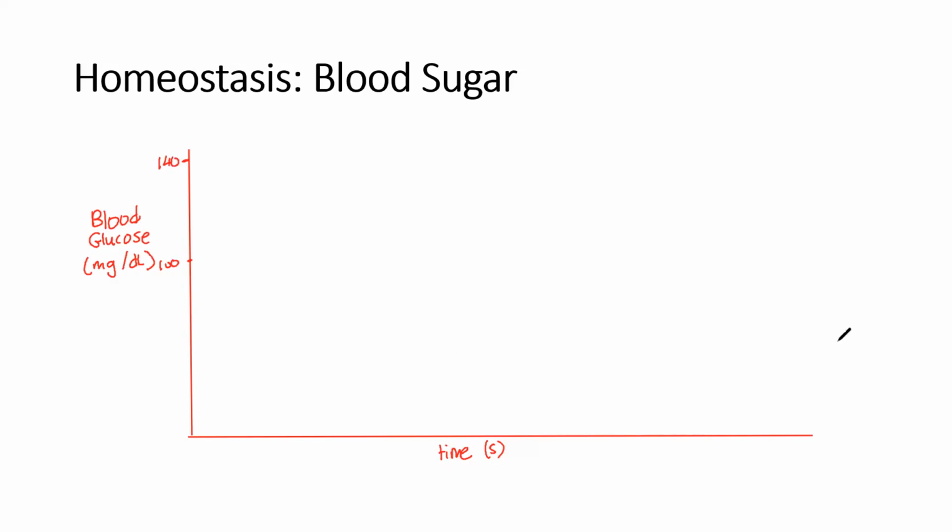So let's say we're starting off, we just had a meal. And so we start off with blood glucose at 100. And then after that meal, it's going to spike. And then over time, it's going to slowly return back to 100. Okay. And then we also want to point out the error signal.